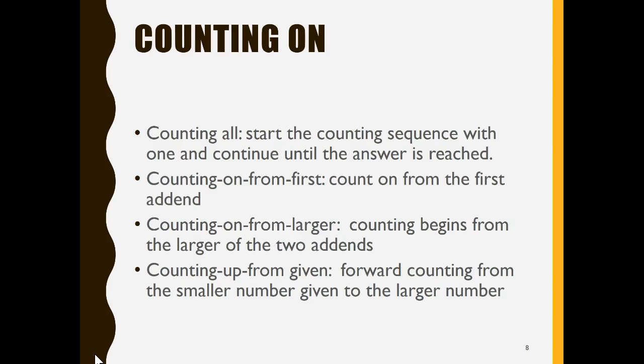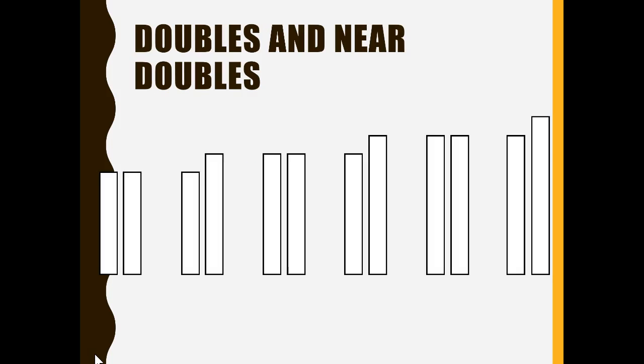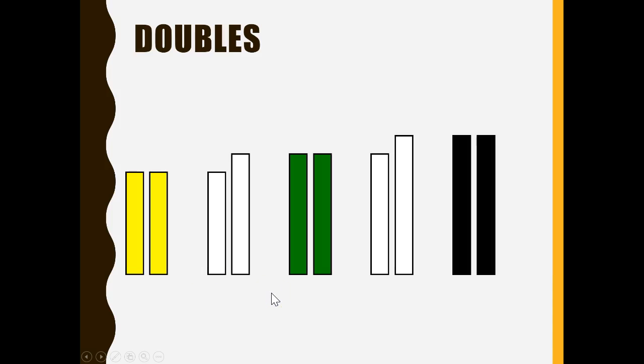So here's counting on. Doubles and near doubles, you can use Cuisenaire rods for this. Notice that the very first two are doubles. Then we have two that are not even, so they're the near doubles, and then we have doubles again. So when we add our colors to this, the first one is 5 plus 5.